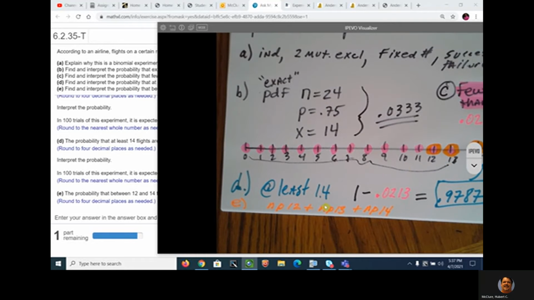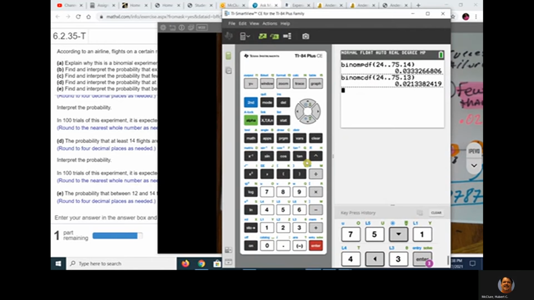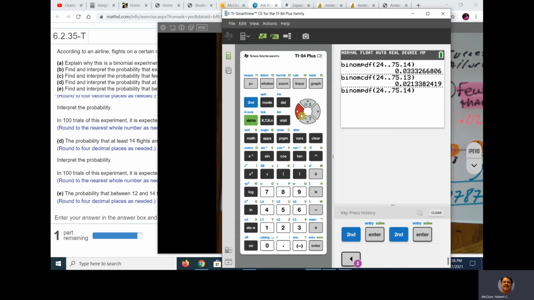Okay, so let's do it. Take a calculator, and I'm going to do second, enter, second, enter. There we go, and I'm going to change this.